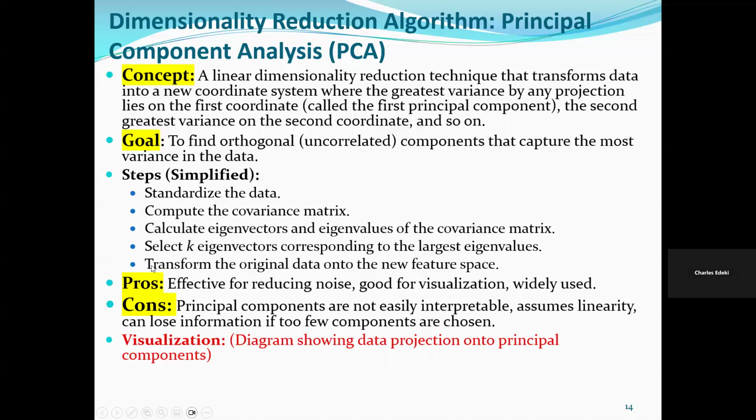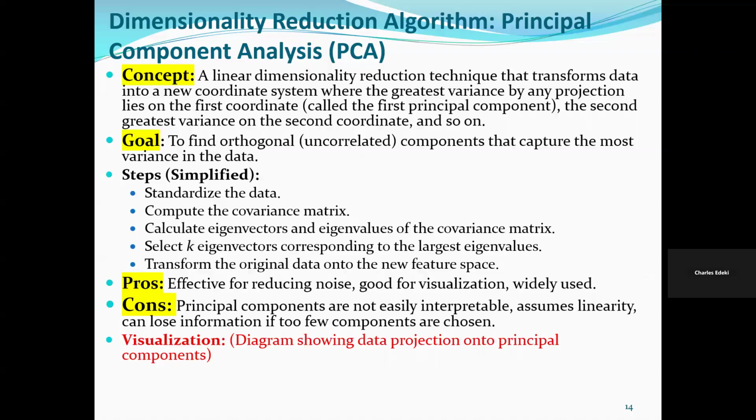So the next section, we're just going to discuss the pros and cons of PCA. First, it is very difficult to interpret, so loss of interpretability, and that will be a con.